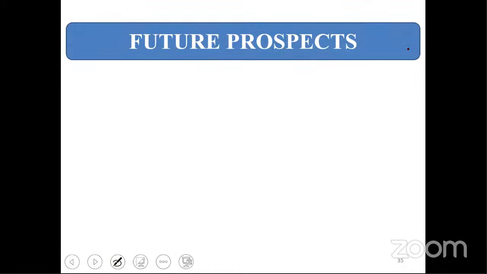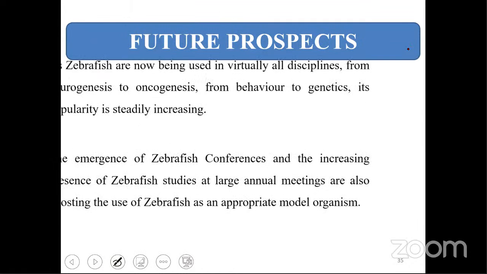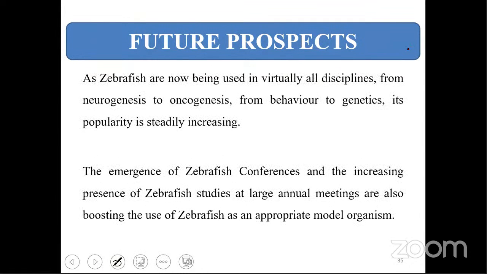And coming towards the final slide of today's session: further proposals or prospects where we can approach. Zebrafish are now being used in virtually all disciplines, from neurogenesis to oncogenesis, from behavior to genetics. Its popularity has steadily increased.